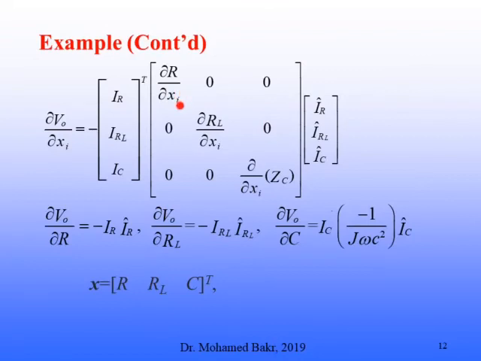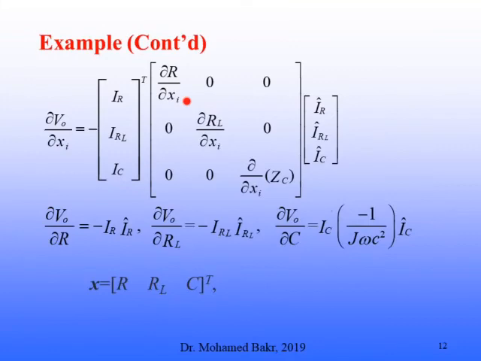If I select Xi to be R, then this term will be 1 and these two terms will be 0. And this product will give me IR multiplying 1 multiplying IR hat. This is the current in the resistance R in the original circuit. This is the current in the resistance R in the adjoint circuit. So this is the first sensitivity.